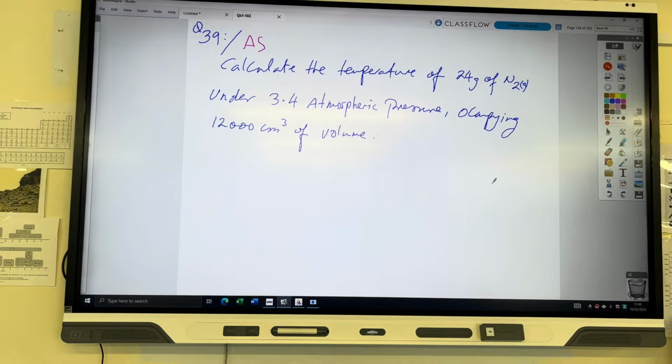Calculate the temperature of 24 grams of nitrogen gas under 3.4 atmospheric pressure, occupying 12,000 cubic centimeters of volume. Again, use the equation PV equals nRT, but then I remind you that you have to use the correct units.